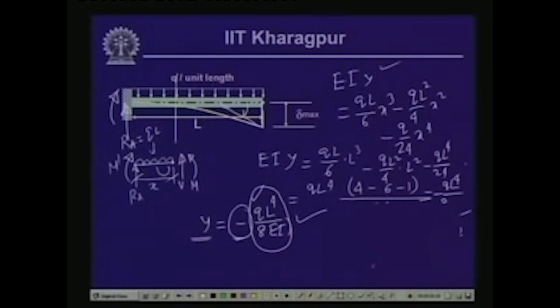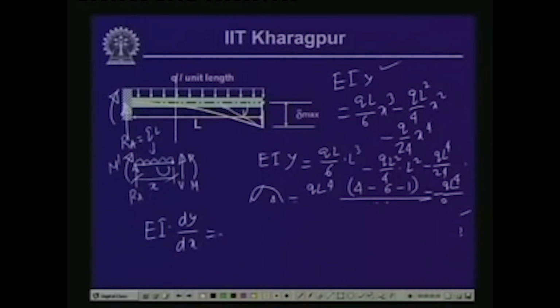Now, we can compute the value of dy/dx. We could substitute the value of x as L in the expression for dy/dx, or we can take the derivative of the expression for y, from which we can compute the slope at the free end. So EI dy/dx equals QL by 6 times 3x square, minus QL square by 4 times 2x, minus Q by 24 times 4x cube.